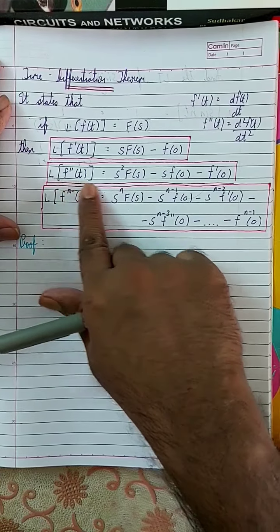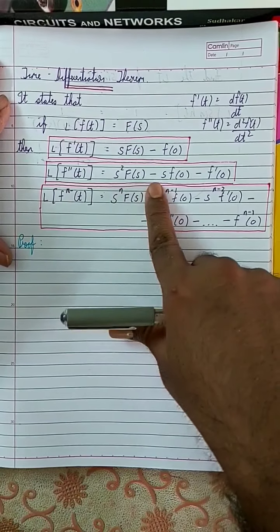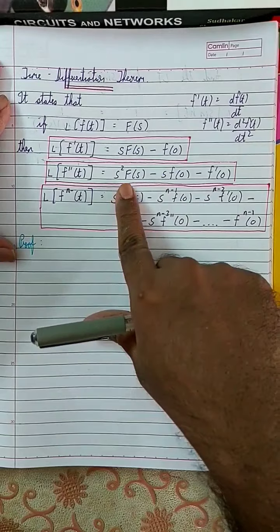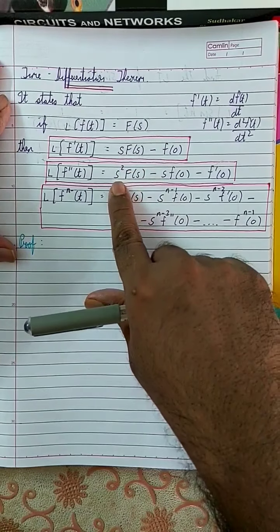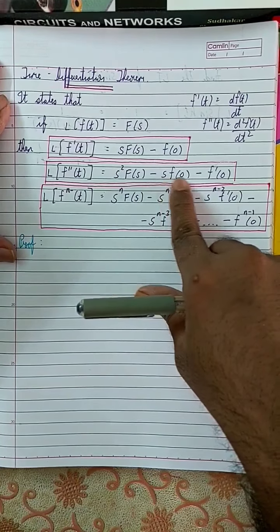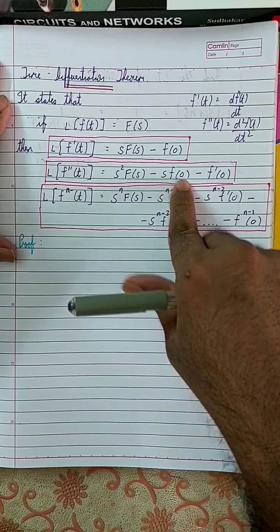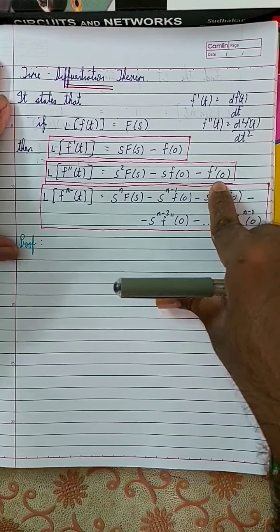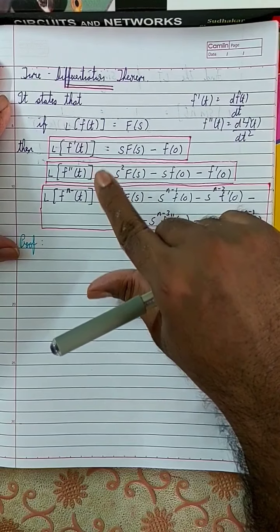So this is equal to s square f of s minus s f of 0 minus f dash of 0, where this f of s is your Laplace transform. This f of 0 represents the value of f of t at t is equal to 0, and f dash of 0 is the derivative of f of t at time t is equal to 0.